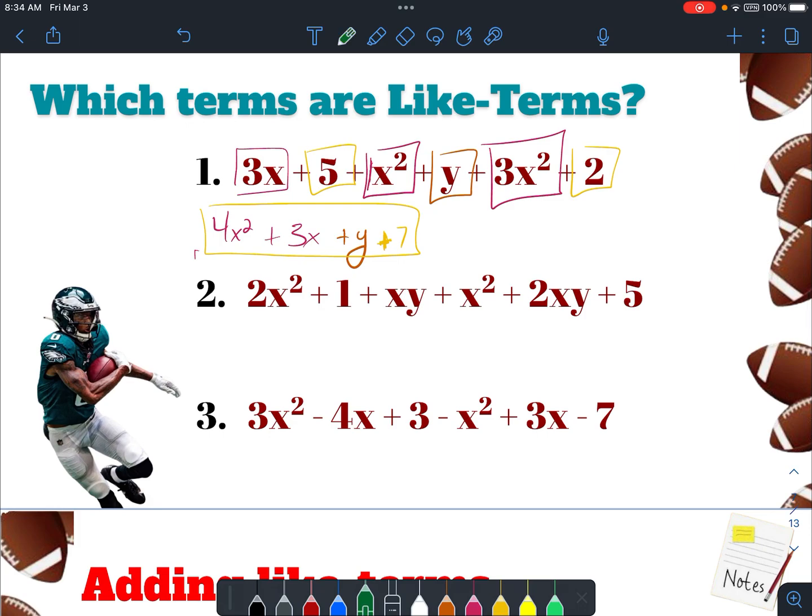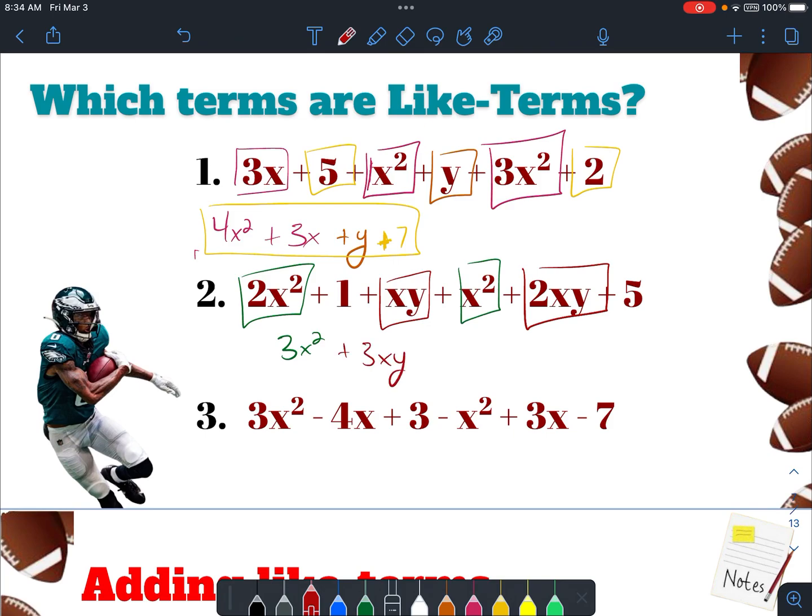Number 2, 2x squared, or sorry, just 1x squared. So that would give me 3x squared. Leave that in green. We'll go to red here. We have xy, 1xy, and a 2xy would give me 3xy. And then let's flip to blue. We'll go 1 and 5. So I don't have a plus 6 here.